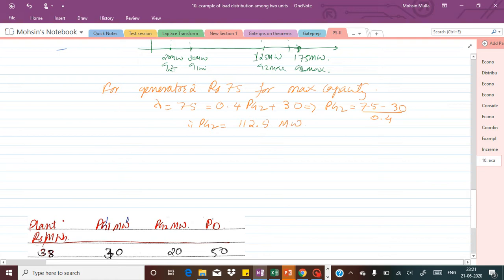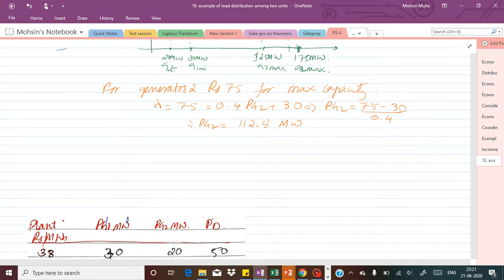So generator 2 will reach 75 rupees of incremental fuel cost only up to 112.5 megawatt. Beyond that generator 2 is not economical to be operated, and after loading generator 2 up to 112.5 megawatt, only generator 1 should be loaded for supplying the further increase in the demand. That is what we have to do.